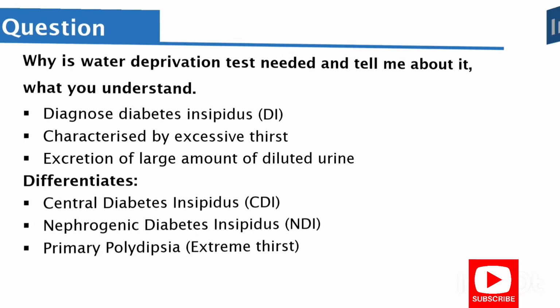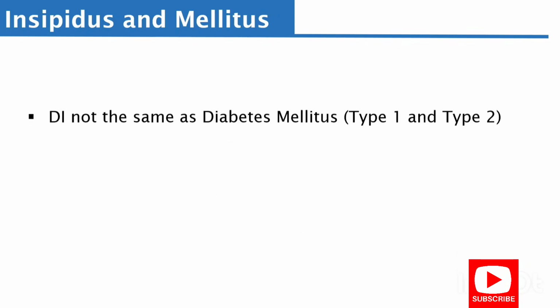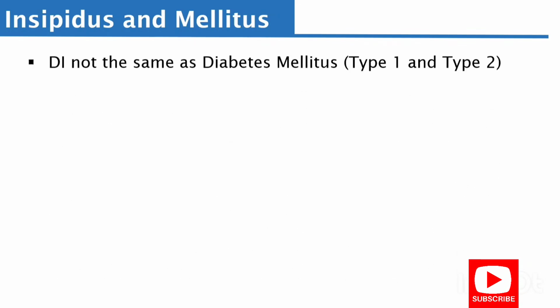Now this is where I'm going to let us know that there's a difference between insipidus and mellitus, though both of them are diabetes, okay? First of all, you need to know that diabetes insipidus, which is DI, is not the same as diabetes mellitus, which is DM.